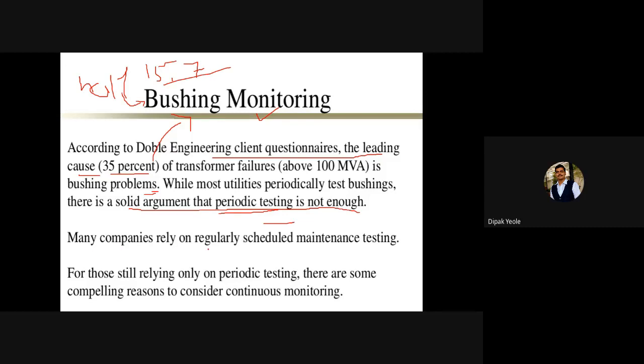Many companies rely on regularly scheduled maintenance testing. For those still relying only on periodic testing, there are some compelling reasons to consider continuous monitoring. So continuous monitoring is very important in the case of a bushing.